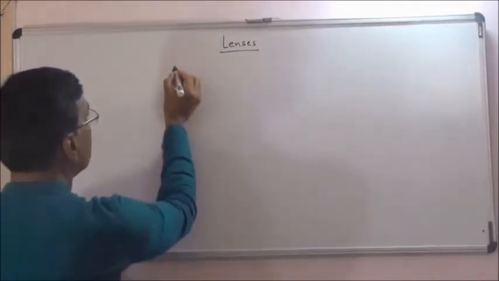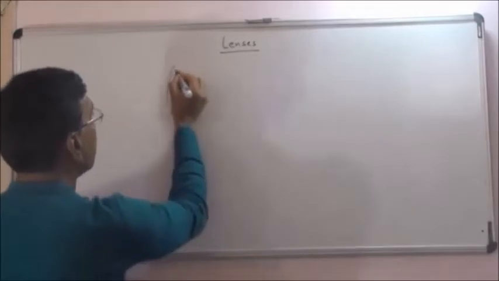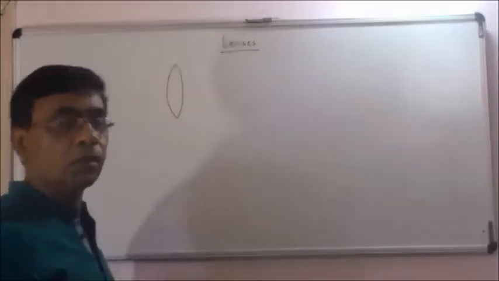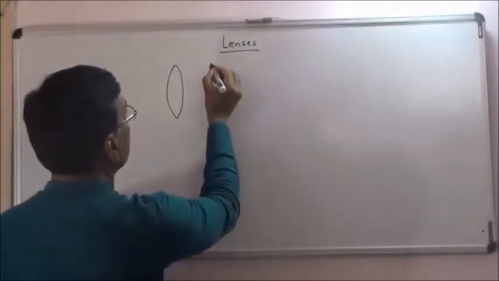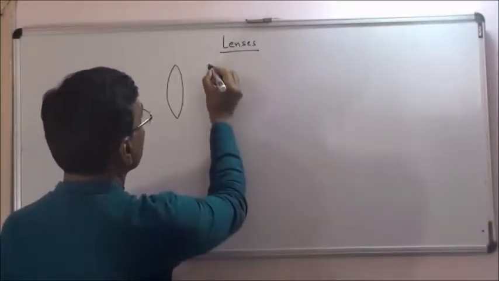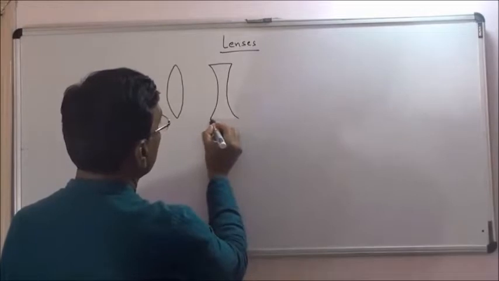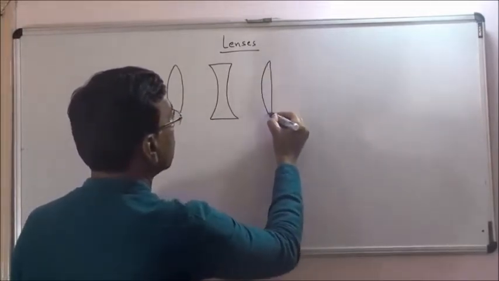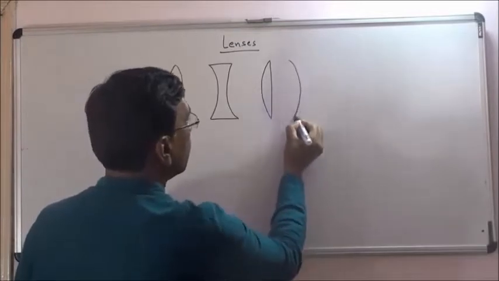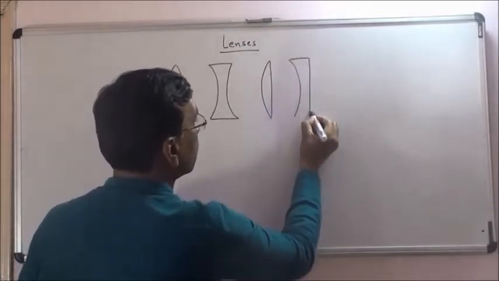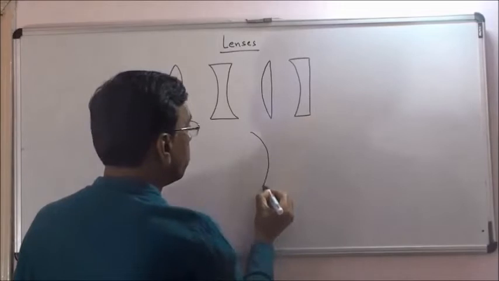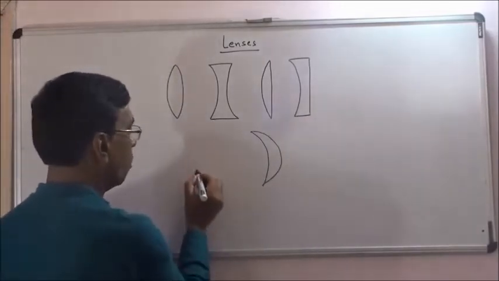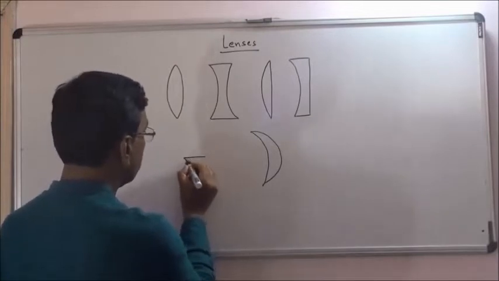So it is not necessary that both the surfaces are curved. It may be like this, it may even be like this, or like this, or it's also possible that it is like this. Okay, what about this?